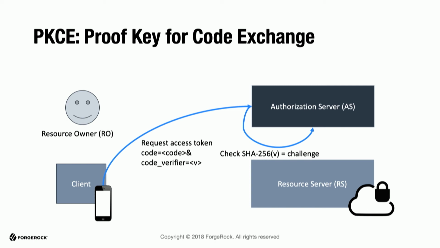We're relying on the network layer security to prevent that man-in-the-middle attack at that point. So it's protecting against threats within the client itself. If you're running on a mobile phone, something else being able to snoop on your access tokens. If you're running in a browser, third-party scripts being able to snoop on things like that.